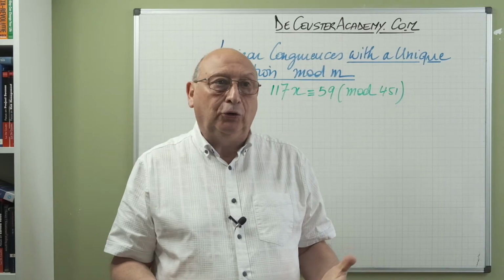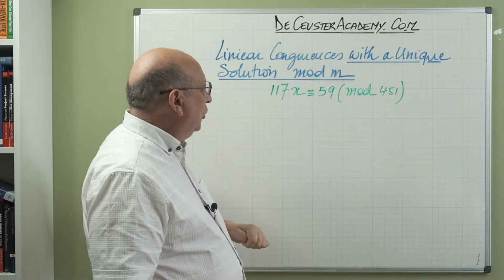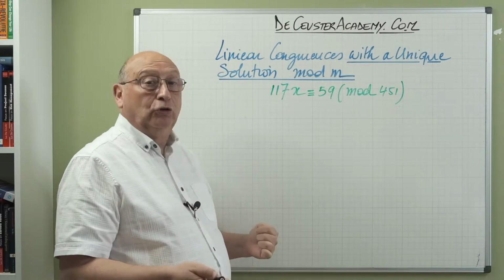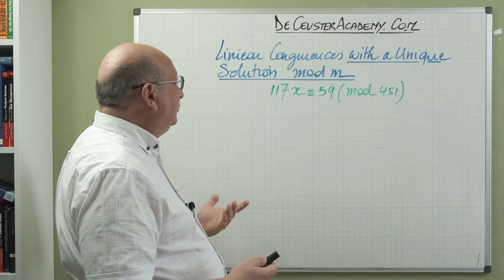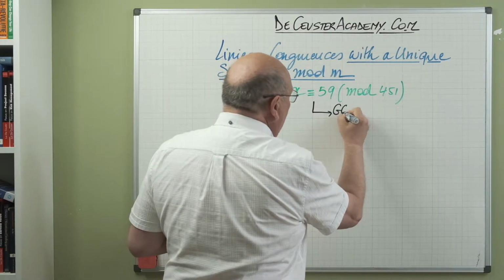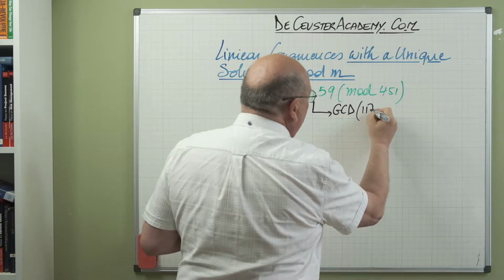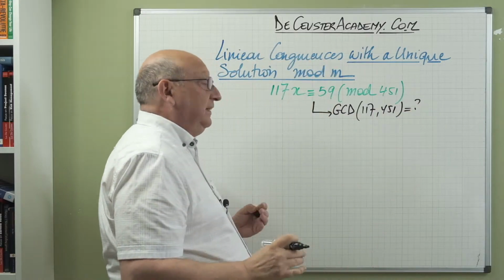The linear congruence that we are going to look at is 117x congruent with 59 modulus 451. The first thing we have to do is calculate the GCD between 117 and 451. What will be this GCD?